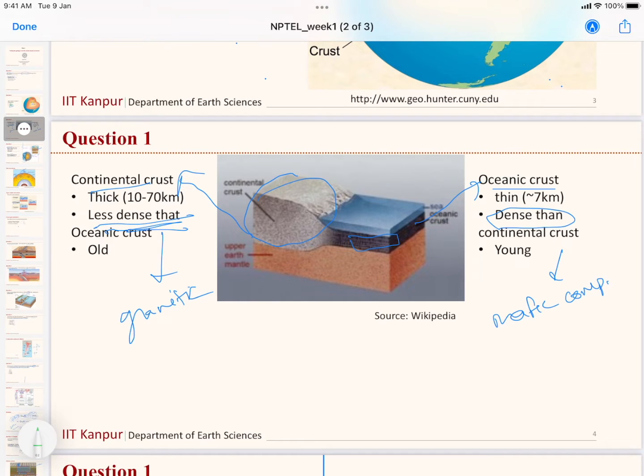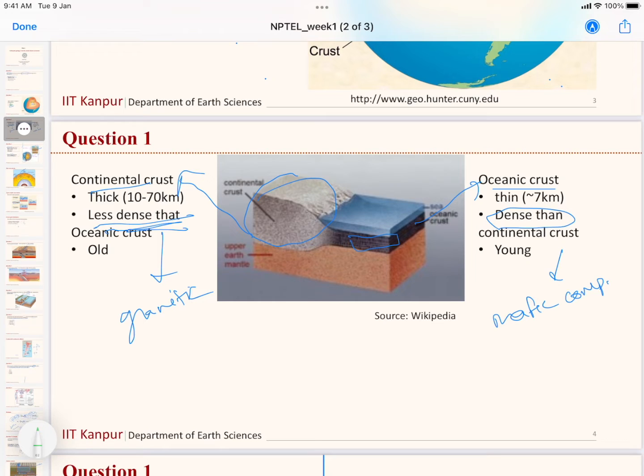Under the crust, we have mainly two types: first is the continental crust and the second is the oceanic crust. From this figure you can see that the continental crust is thicker than the oceanic crust, and the reason behind this is that it has a lower density as compared to the oceanic crust. So again, the concept that we have discussed just now, isostasy: to maintain the mass balance or to achieve hydrostatic equilibrium, the depth of the continental crust has to be more as compared to the oceanic crust.